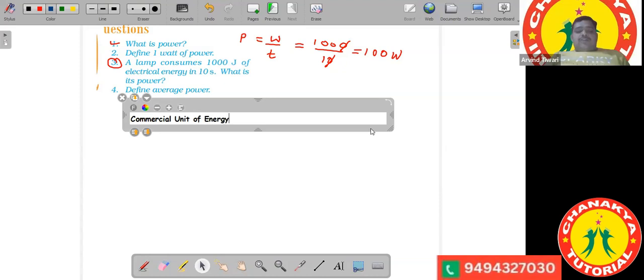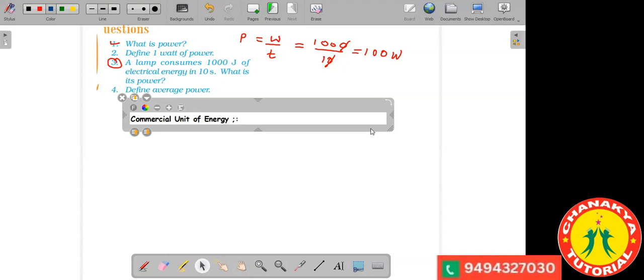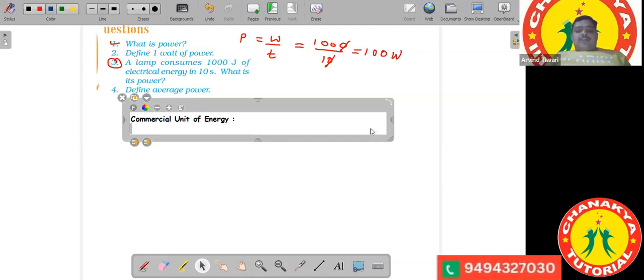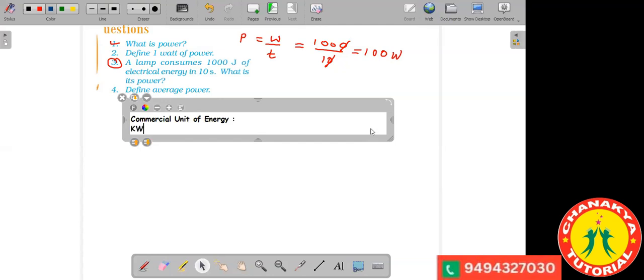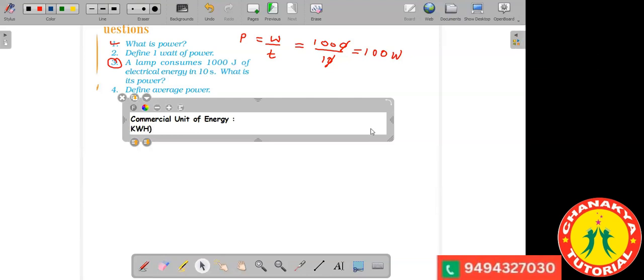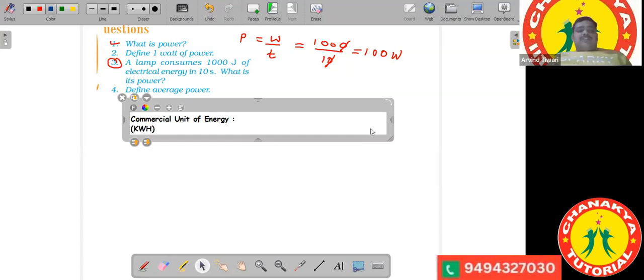Sir, the SI unit of energy is, I think, watt, right? No. Joule. Joule is the SI unit of energy, not watt. Watt is the SI unit of power, right? Joule is the SI unit of energy.